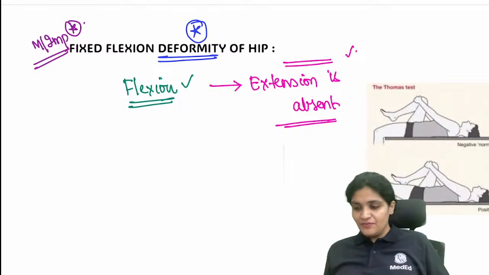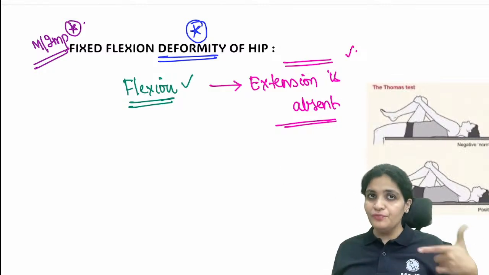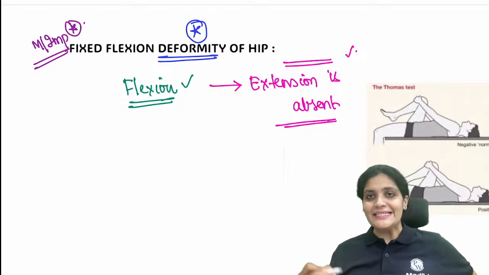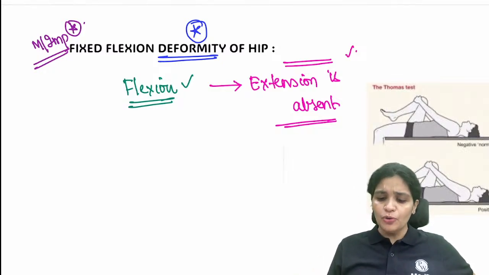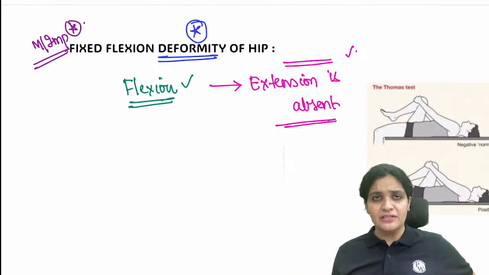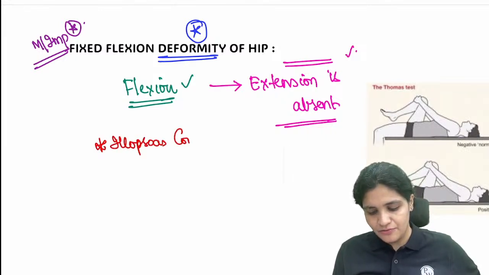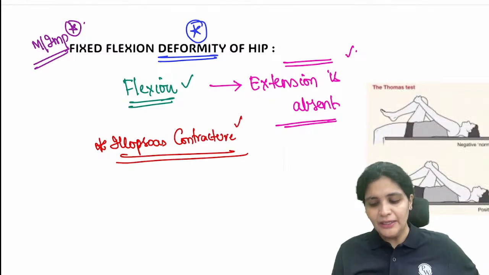So what is this fixed flexion deformity? As I've told you, any deformity is absence of the opposite movement. So here the extension is absent, but how do you know the hip is in fixed flexion deformity? This flexion deformity is mainly because of iliopsoas contracture. That also you have to remember. Iliopsoas is the muscle which helps in flexion of the hip.